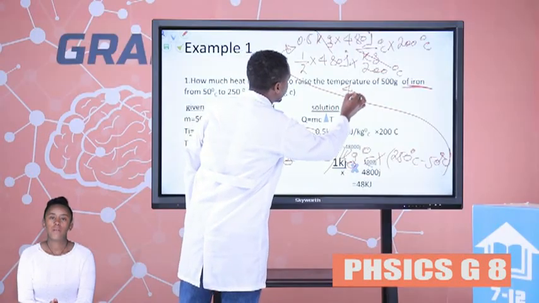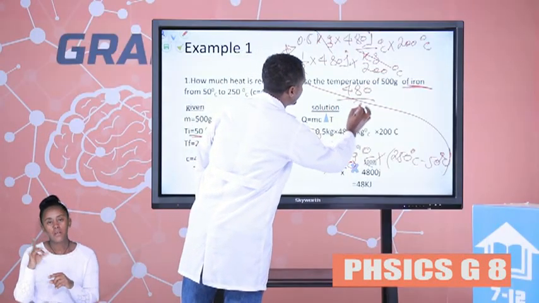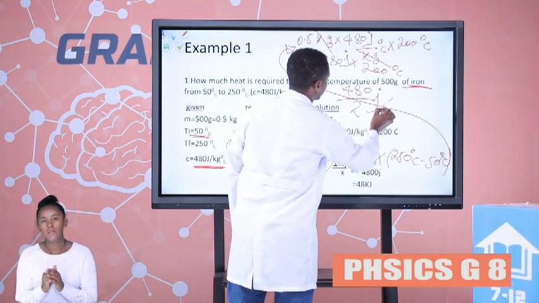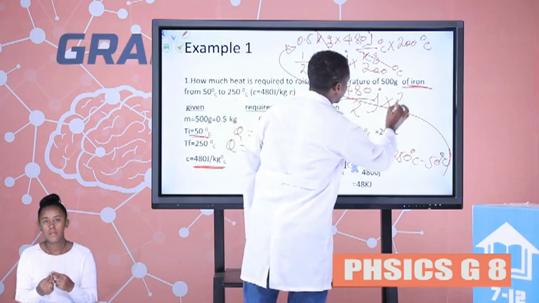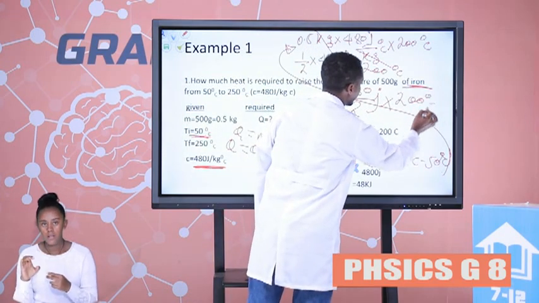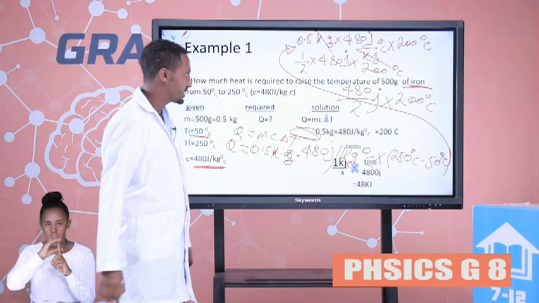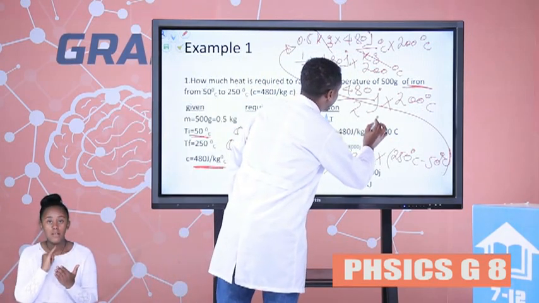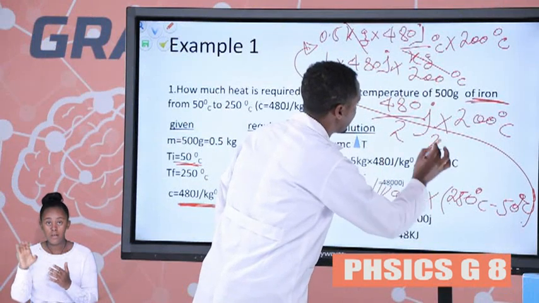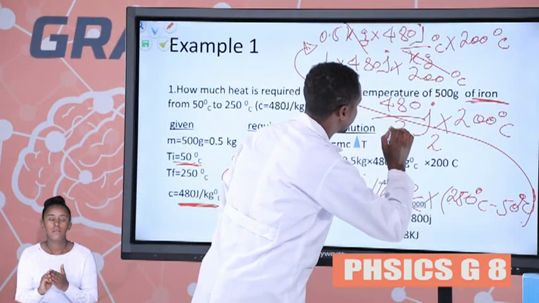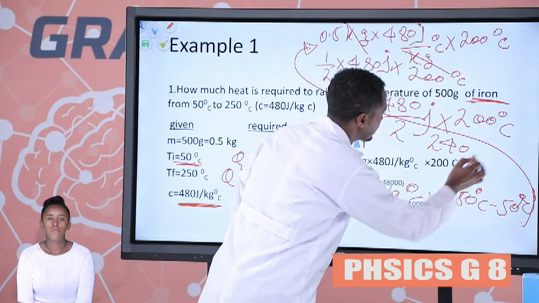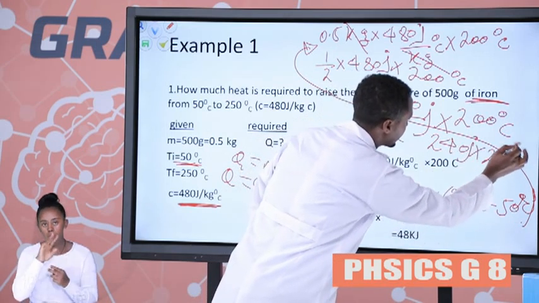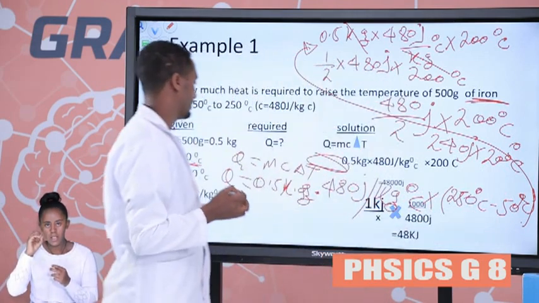This is also 480 divided by 2 joule times 200 degrees Celsius. This is 240 joule times 200 degrees Celsius.